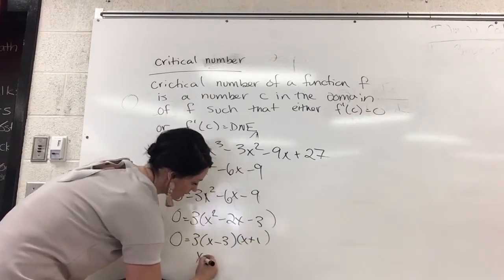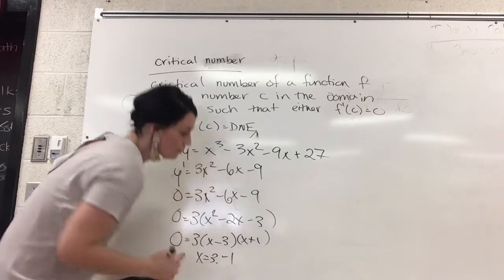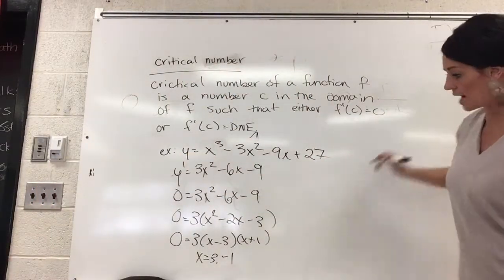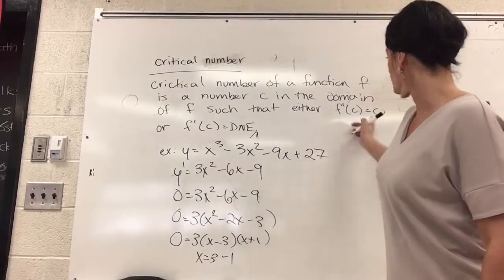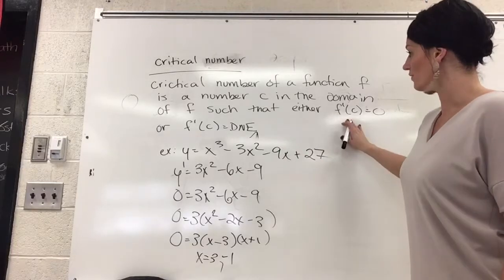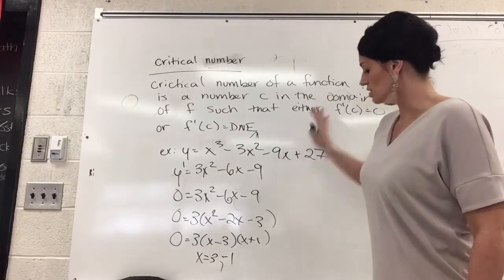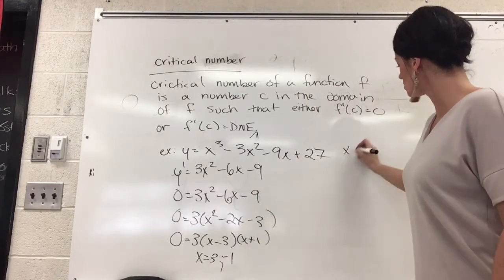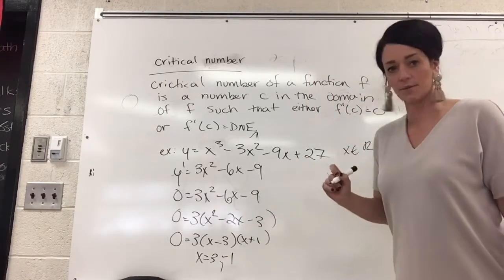Okay, so hopefully you agree that x equals 3 and x equals -1 follow this. f prime of c equals 0. If I plug 3 in my derivative, I would get 0. If I plug -1 in there, I would also get 0. Okay, so that follows that definition, sorry, and 3 and -1 exist in the domain, because the domain of this is just all real numbers because it's a polynomial, okay?